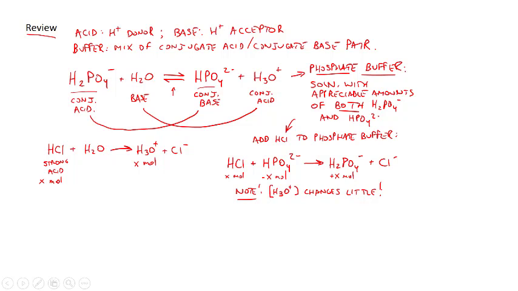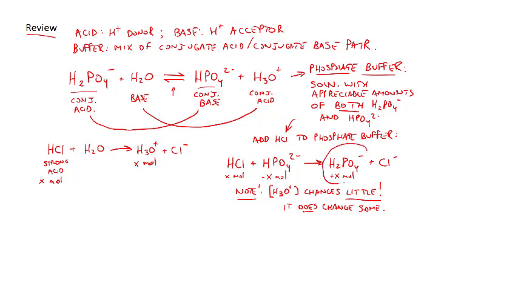Now, however, it does not mean that the hydronium concentration and the pH don't change at all. It does change some. And why is that? Well, look at what we just did here.